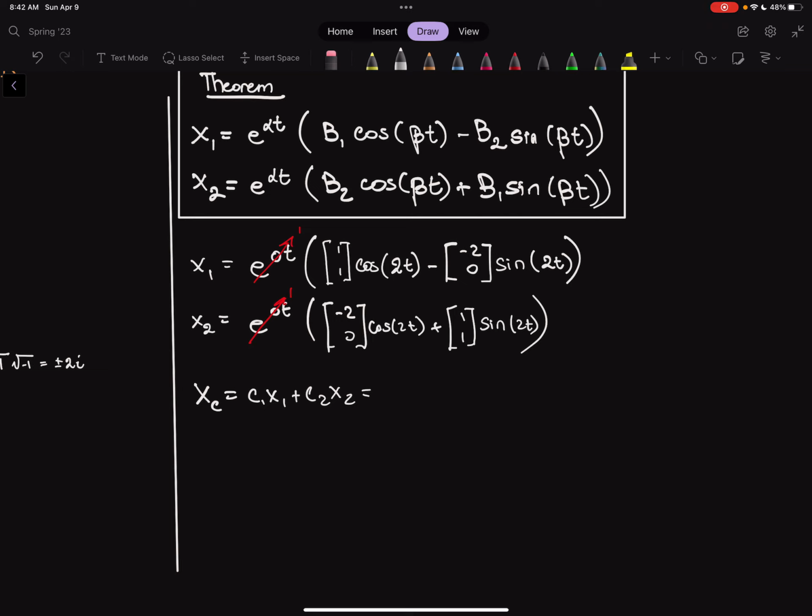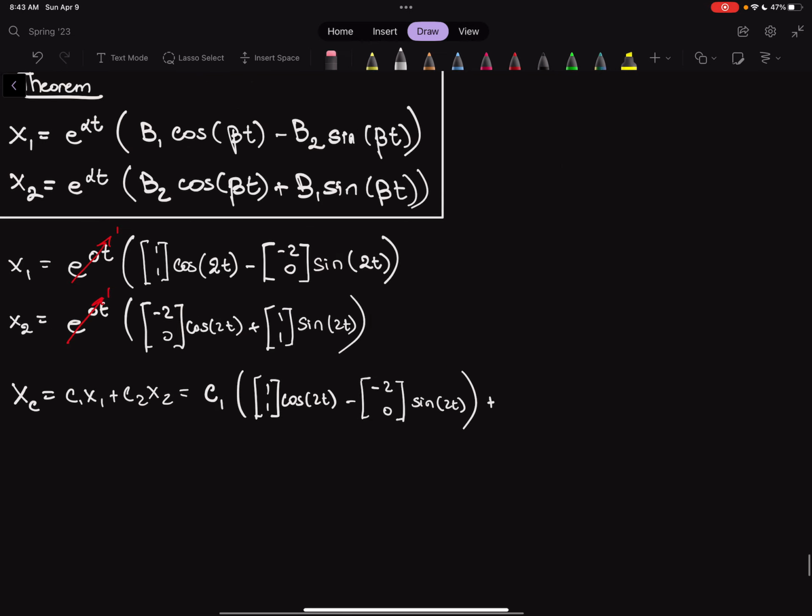So now we just write C1 times 1, 1 cosine of 2t minus negative 2, 0 sine of 2t, and plus C2 times negative 2, 0 times the cosine of 2t plus 1, 1 times the sine of 2t.